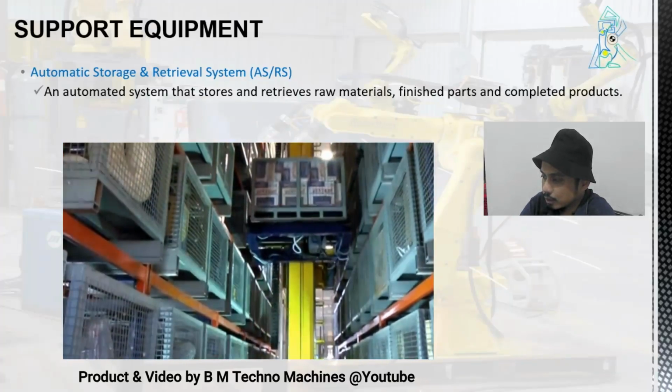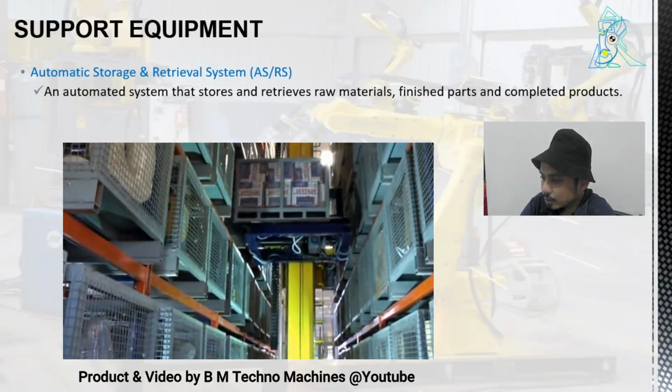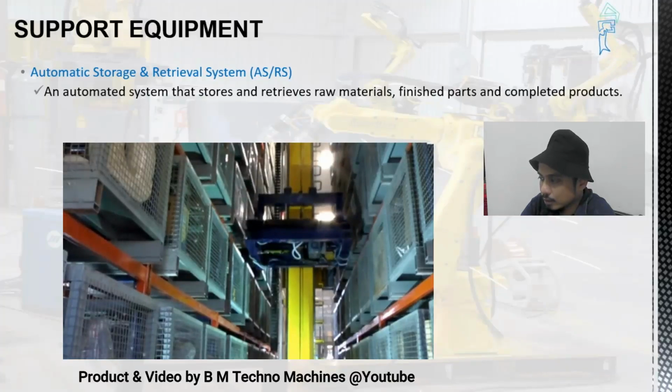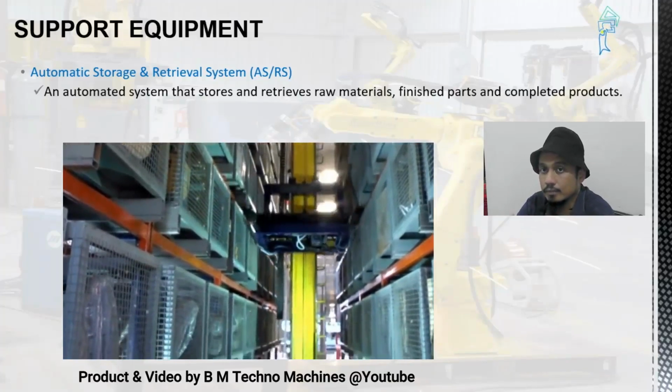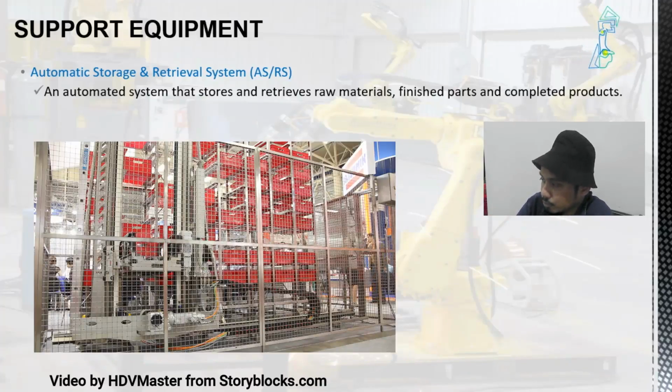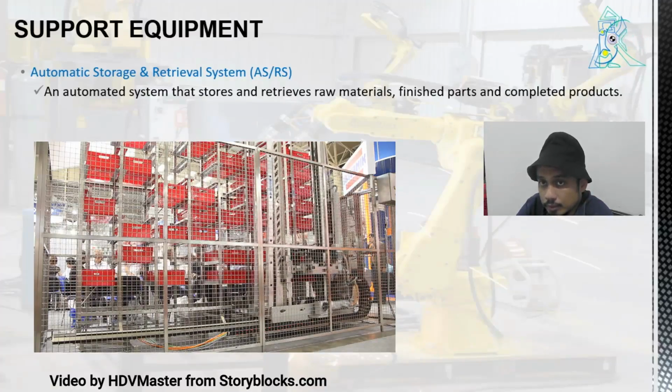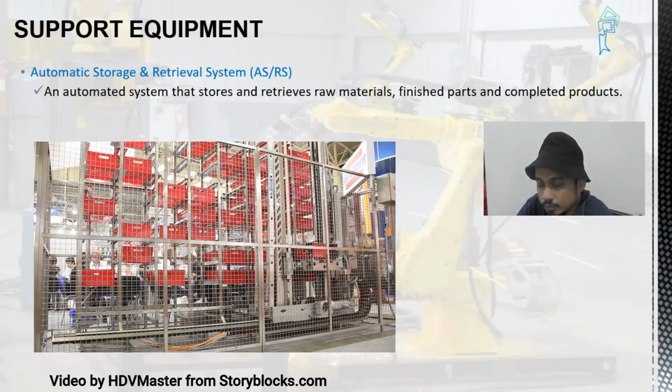Actually this system is set up in the raw materials area or the finishing part, like the inventory part, and also at the complete product area, which is also in the area of the quality control and quality assurance department.